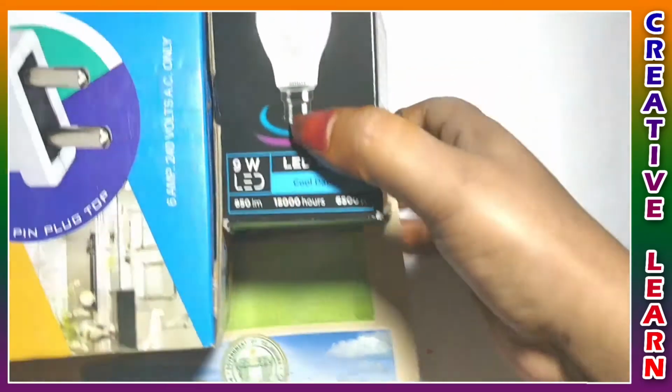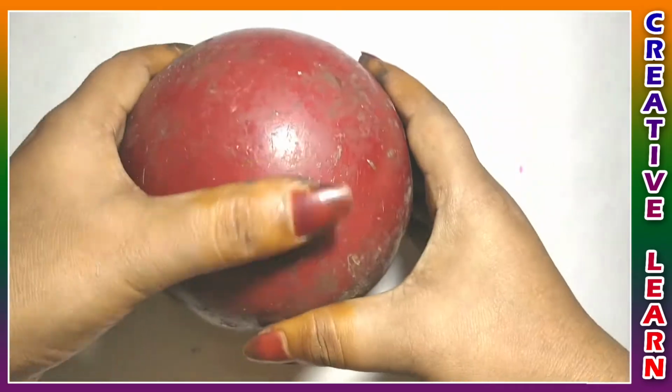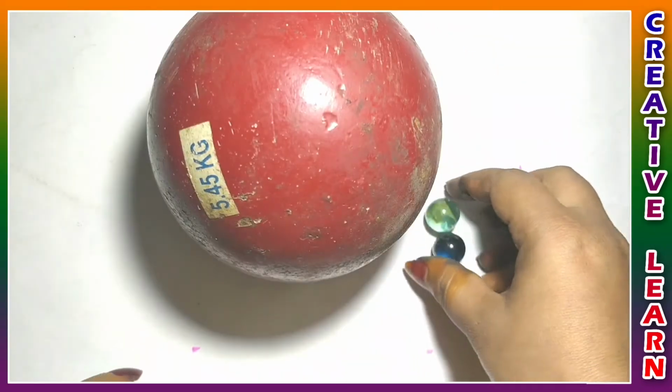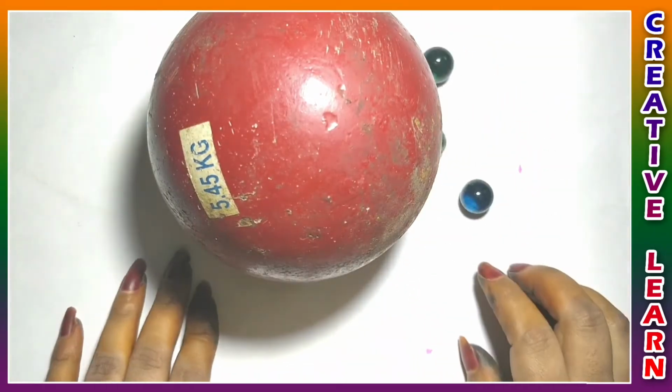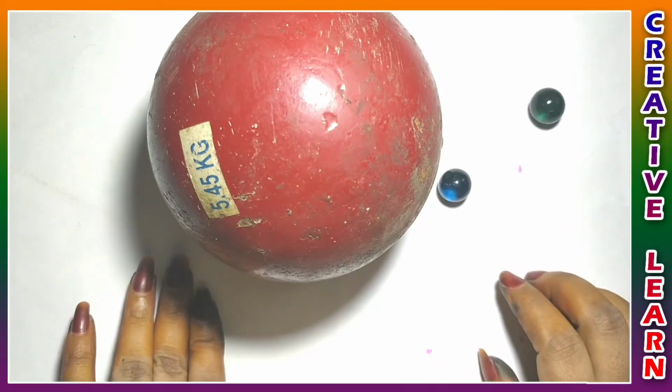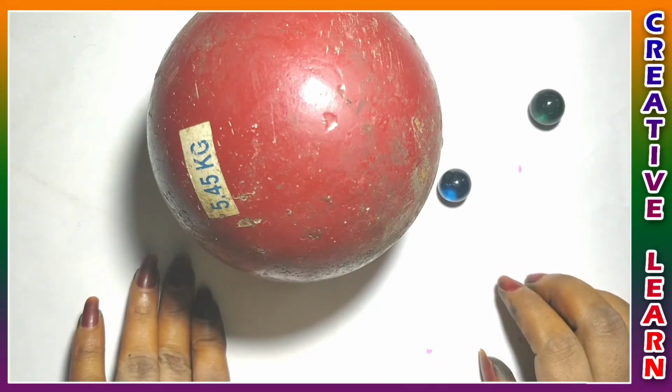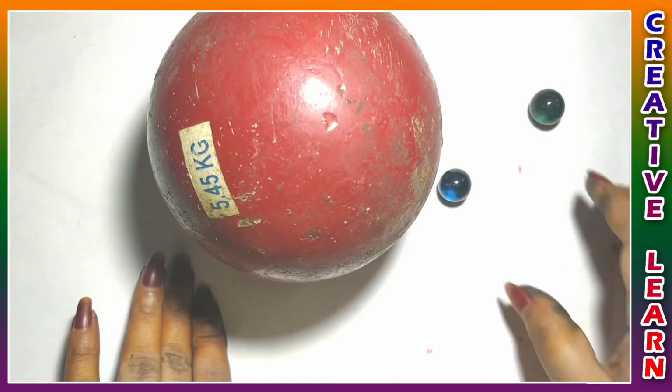Next, ball like shaped objects. This one you know now. These two are in the ball shape only. And also laddu, these types of things are all in the shape of a ball.